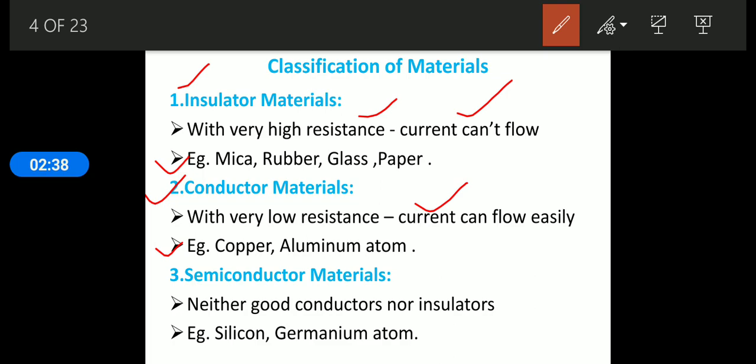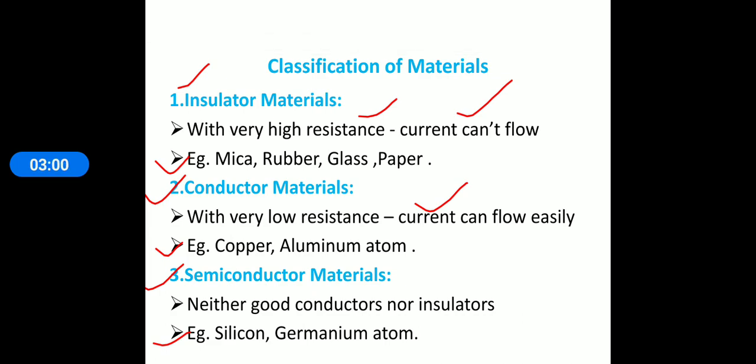The examples of conductors are copper, aluminum. Then third, semiconductor materials. The semiconductor materials lie between the conductor and insulator. The examples of semiconductor materials are silicon and germanium.